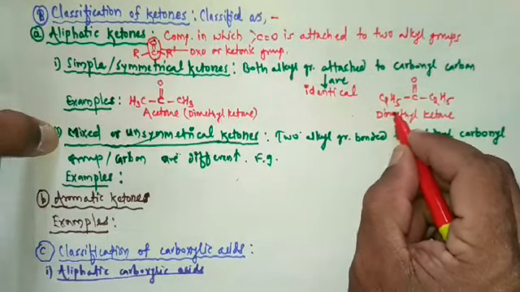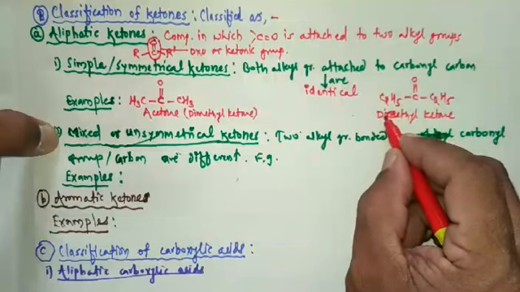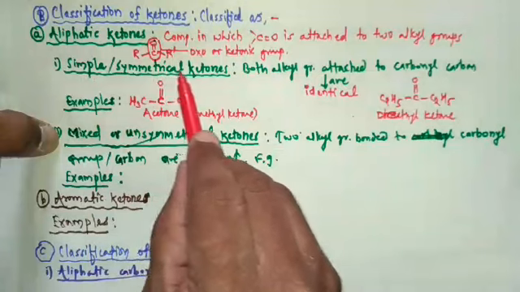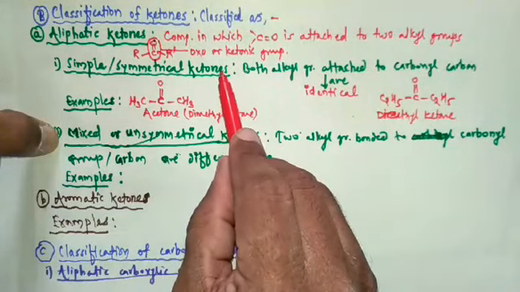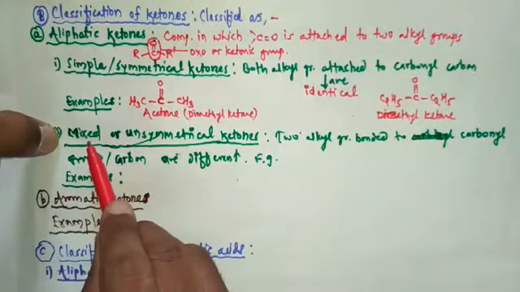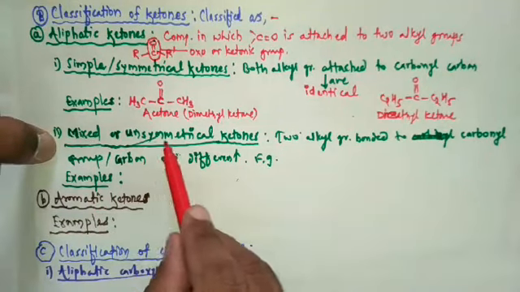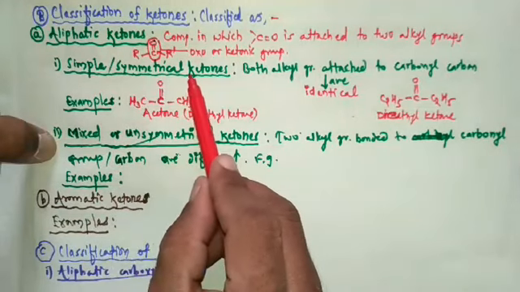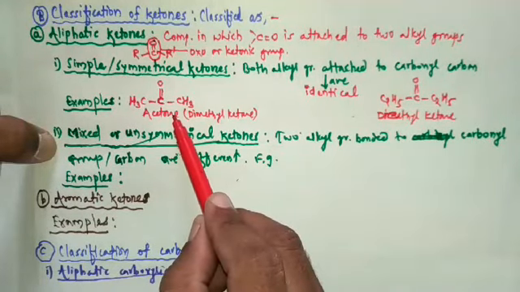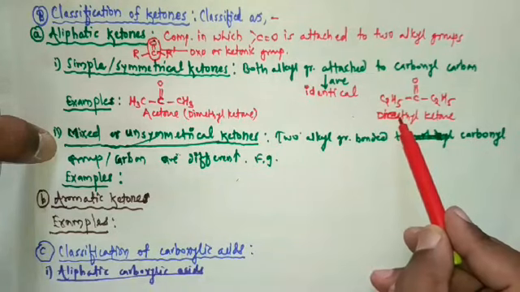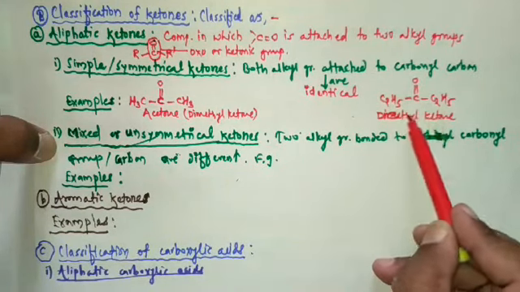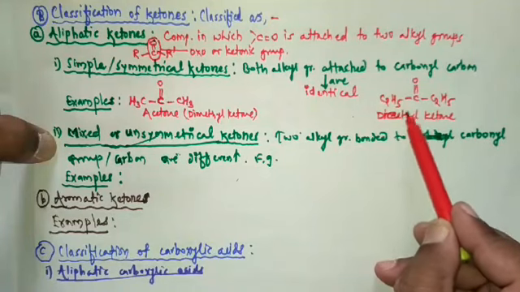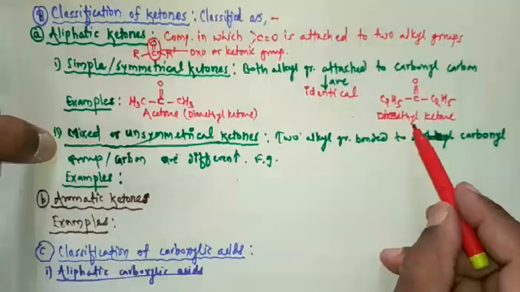Its name is diethyl ketone. So examples of simple or symmetrical ketones are acetone and diethyl ketone. Two ethyl groups are attached to the carbonyl carbon, that's why its name is diethyl ketone.